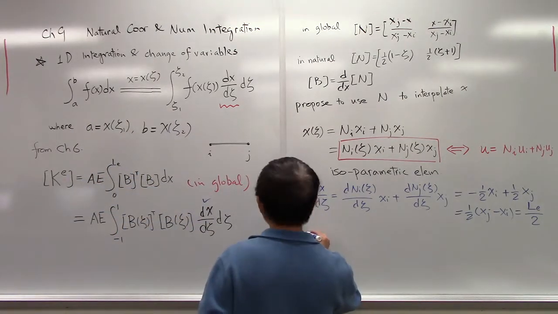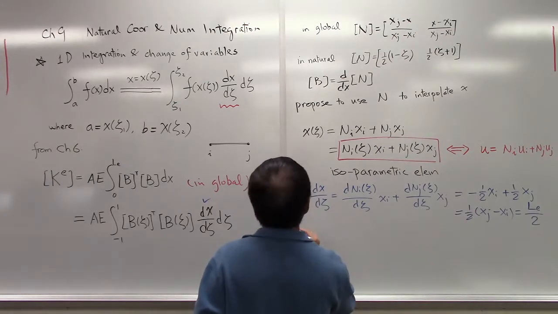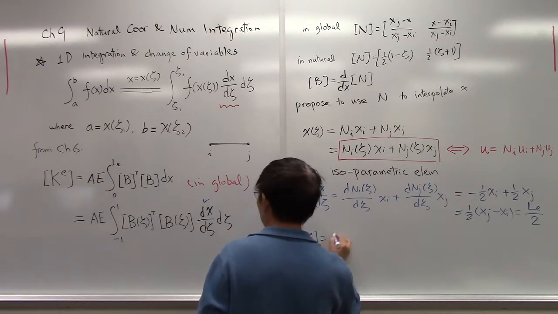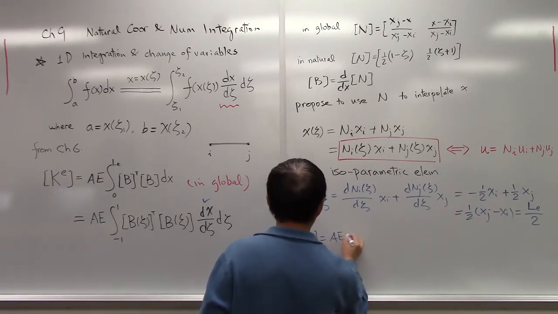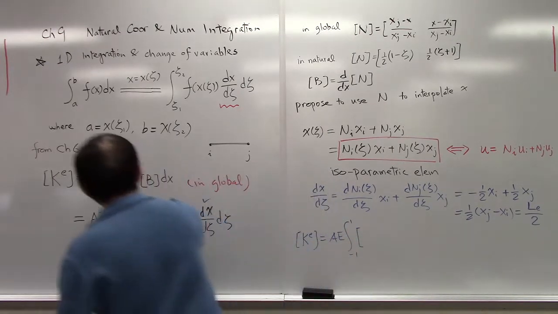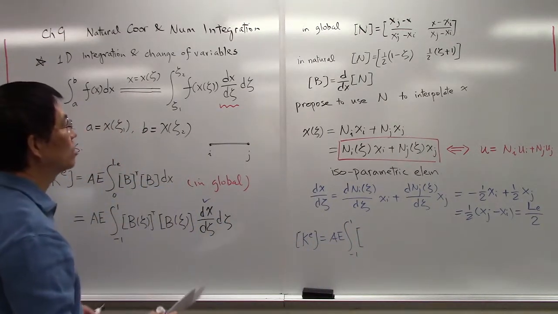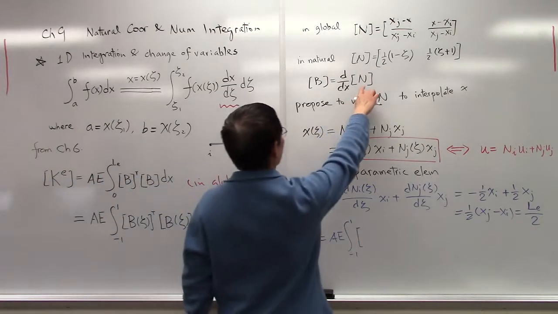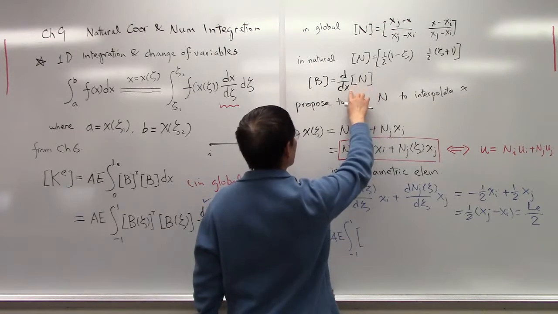So KE is equal to AE, from -1 to 1. Let's write down this B expression. B is the derivative of n with respect to x.